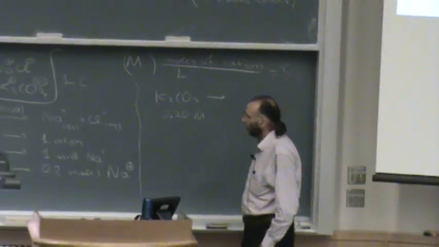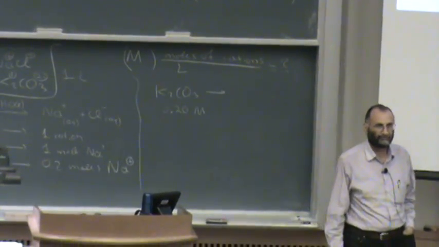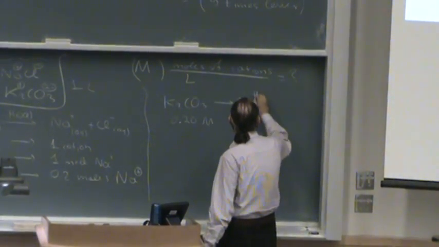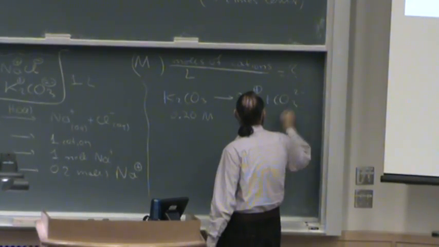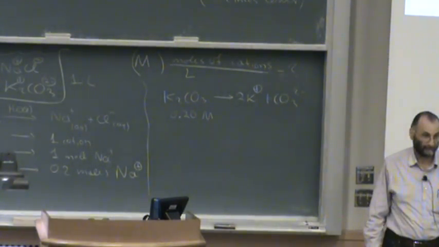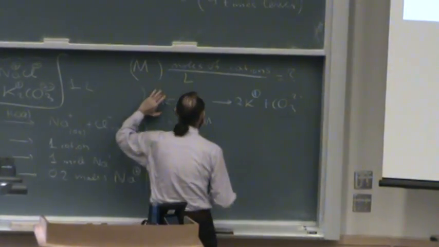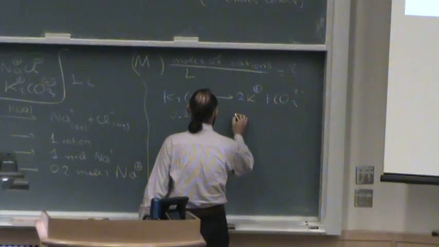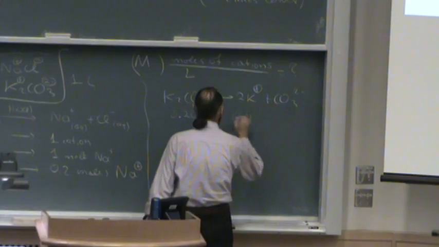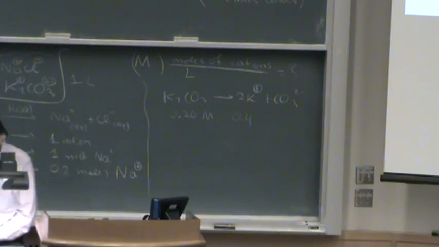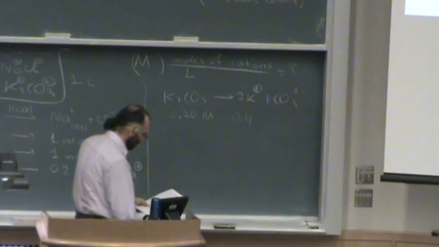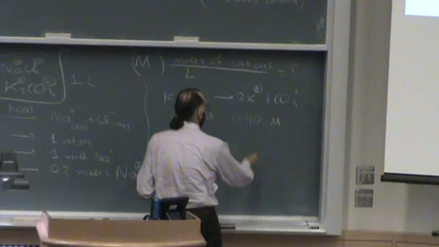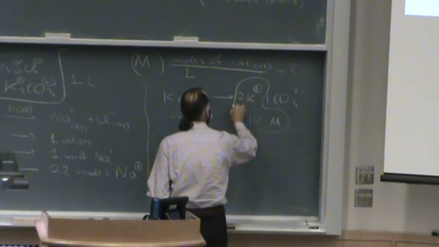How many cations will that give you? It has to be balanced, right? This should be 2 K+ and carbonate. Now this is balanced, so one formula unit gives you 2 cations. So 0.2 will give you twice as much: 0.40 moles per liter.